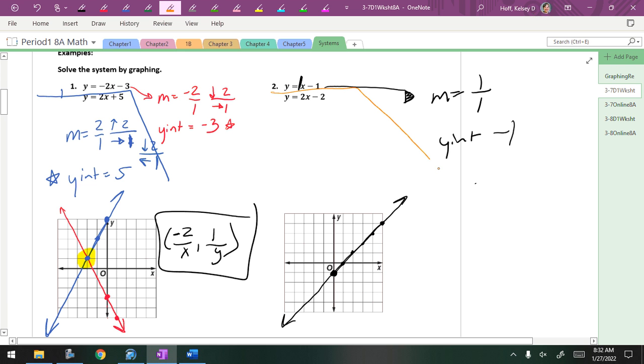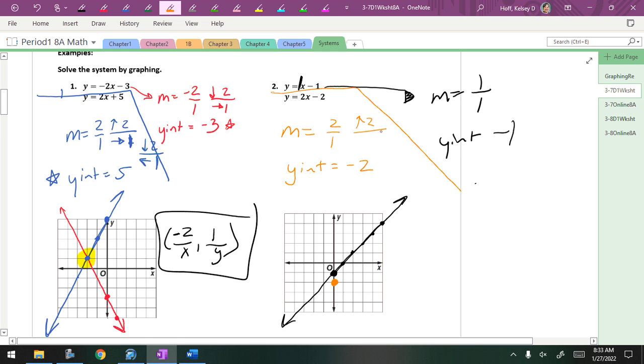Okay, let's take the second equation. Y is by itself. What's my slope? 2 over 1. What's my y-intercept? -2. So I start at -2, which is down here. What does my slope of 2 over 1 tell me?